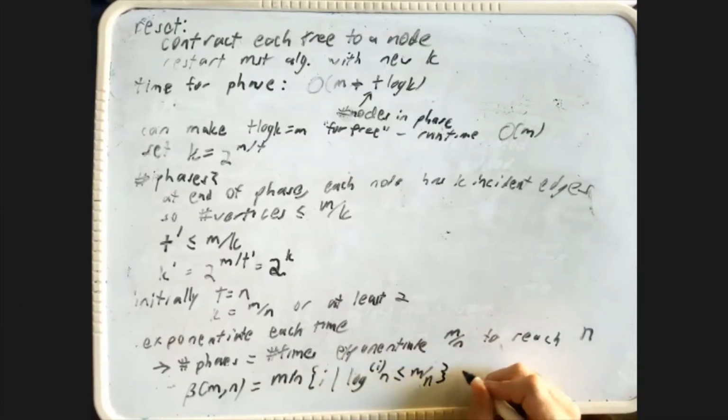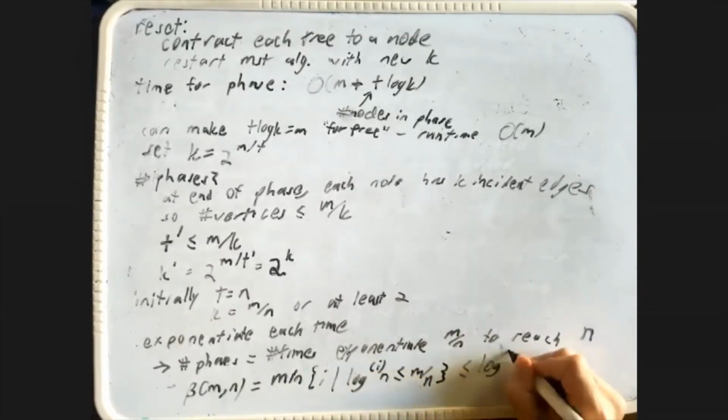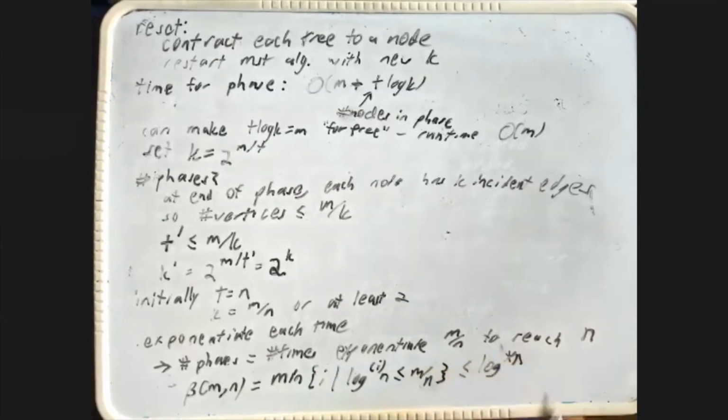And this in particular is less than or equal to log star of n, which just ignores the m over n part and says, how many times do you have to take the log repeatedly to get something below 2? Okay.